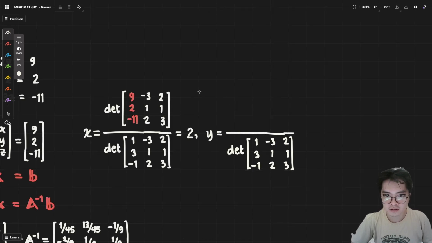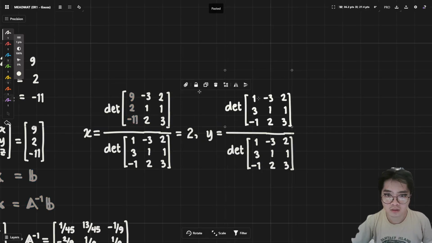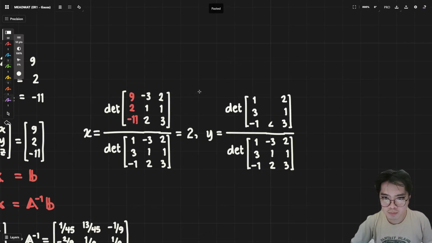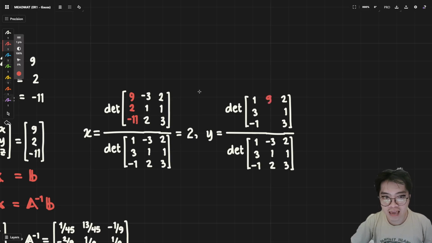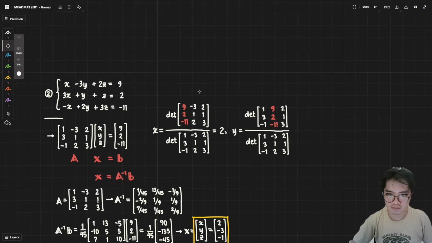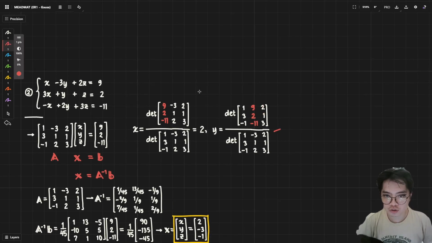And then you will copy paste this determinant here as well. And here. But now I will replace the middle one, because it's the second column, right? You will now replace that with your quote-unquote answer, 9, 2, negative 11. And then so on, so forth.